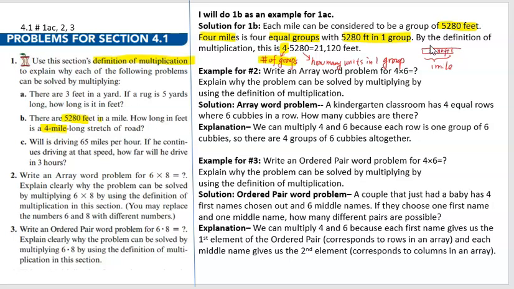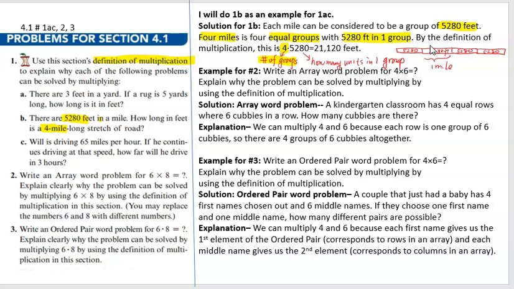Because we have 4 miles, you draw another 1 mile, another 1 mile, and another. Each of them is 5,280. Altogether, we have 4 of them, so you can see it's 4 groups of 5,280. So that's why we do multiplication.